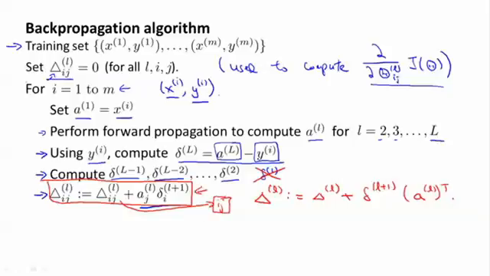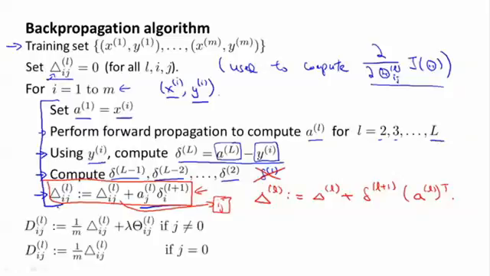Finally, after executing the body of the for loop, we go outside the for loop and compute the following. We compute capital D as follows, and we have two separate cases for j equals 0 and j not equal to 0. The case of j equals 0 corresponds to the bias term. So when j equals 0, that's why we're missing this extra regularization term.